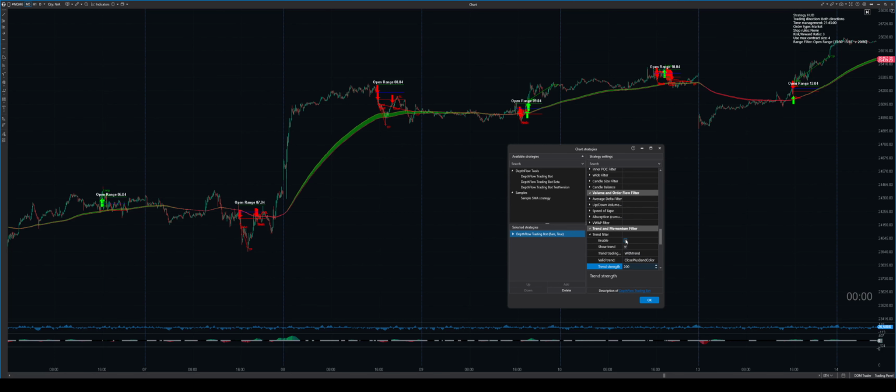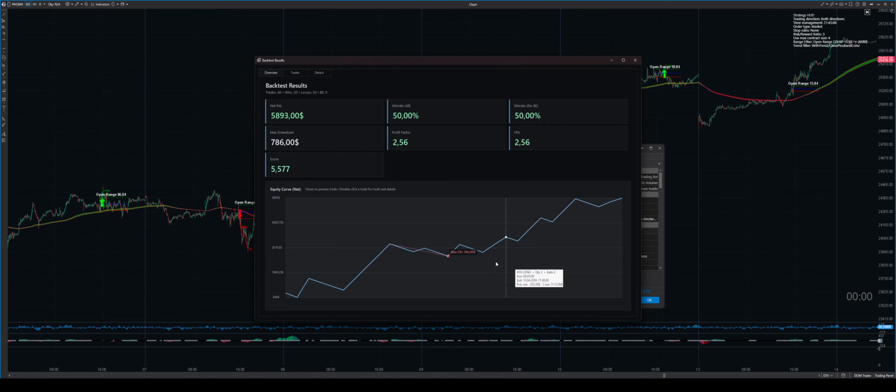Yeah, that means I can just enable this right here and then simply start running a backtest. Yeah, I can already see that my drawdown is starting to drop quite significantly and the PNL as well, right? But I have a win rate of 50% and I have an RRR of 2.56 shown right here.